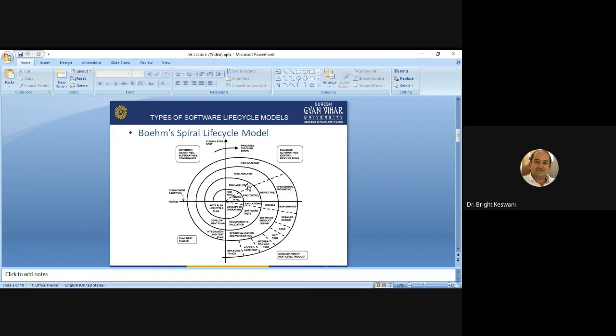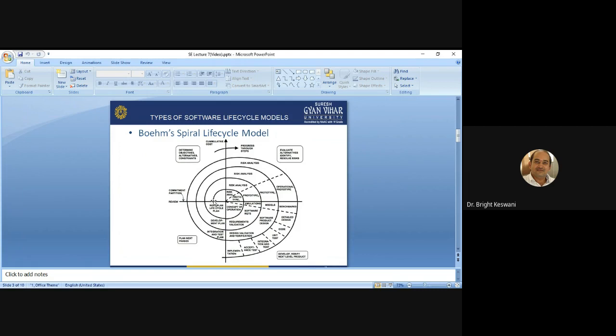The radial dimension of the graph depicts the increasing total cost of the project, and the angular dimension depicts progress through the steps. So you can see in this illustration that it is like a spiral, and it shows the progress of the development of the project.